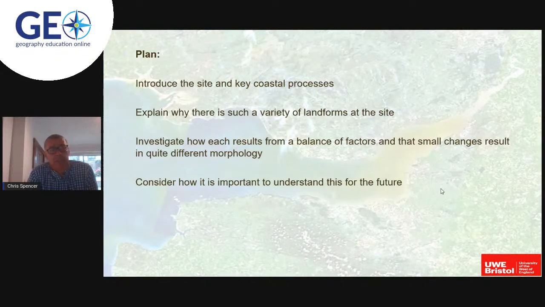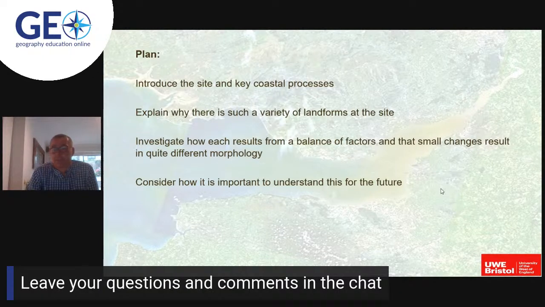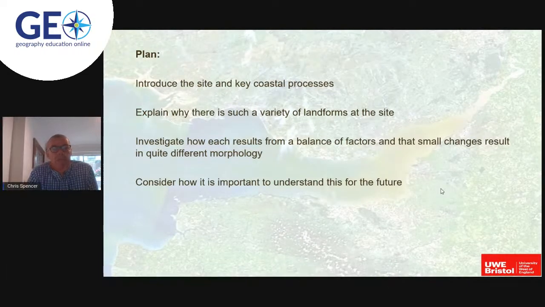And then in particular, I look at why we have such a variation of coastal landforms at this site. That's partly to explore what gives us a particular coastal landform at any one point, and to get to a point where we can look at how each of these landforms is there as a result of a really delicate balance of different factors.